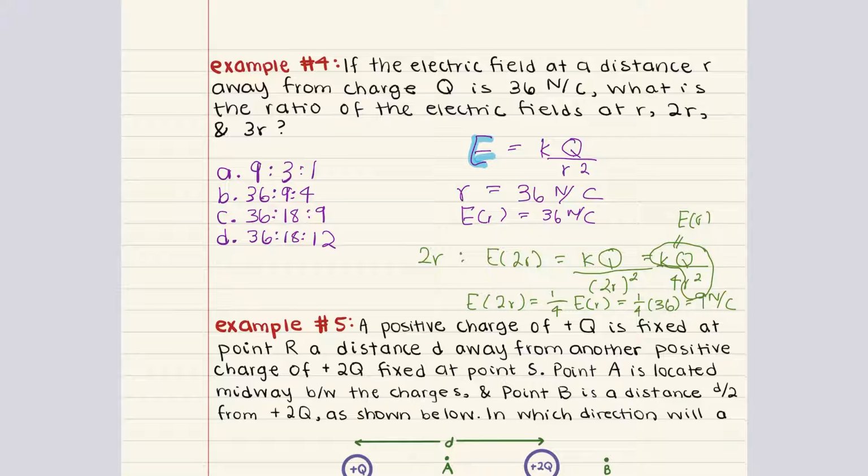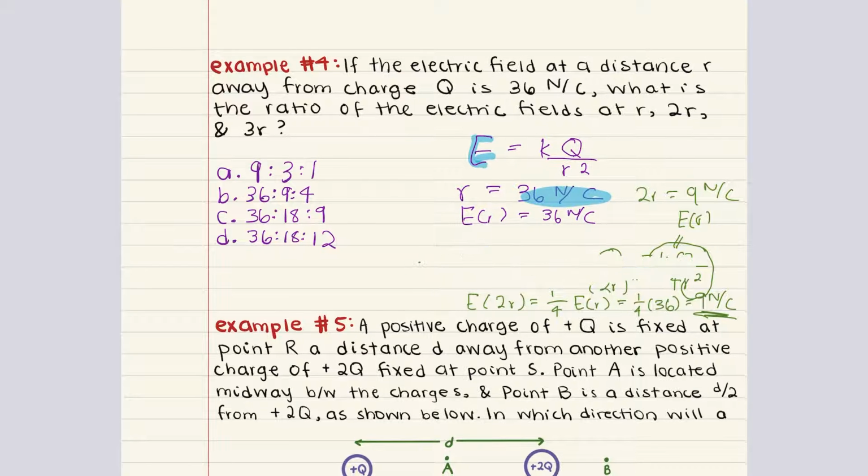Now this makes sense because we said the distance increases, so our electric field will decrease. At 2r, our electric field is smaller than it was at just distance r. So at r, it was 36 newtons per coulomb. At 2r, it's 9 newtons per coulomb.